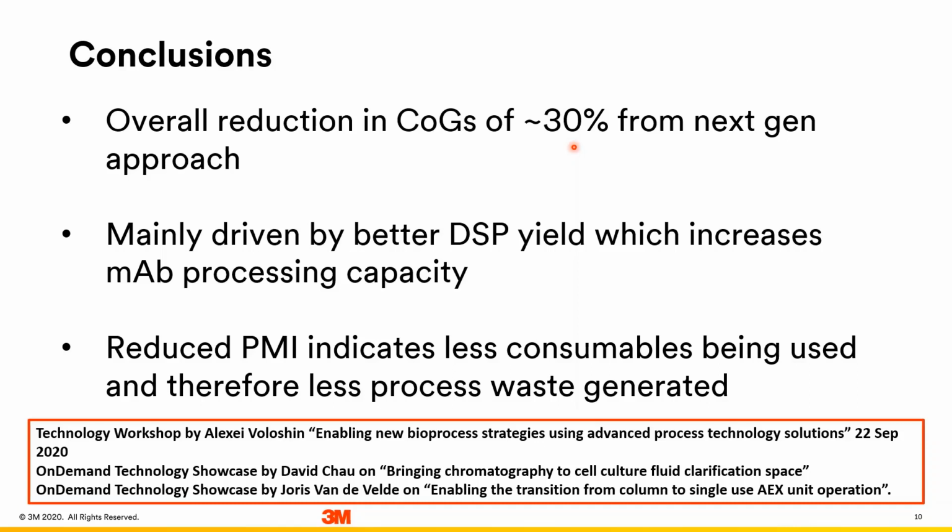This was driven primarily by better DSP yield, which increased the MAB processing capacity of the manufacturing facility, and we also found that there was a reduced PMI, which indicates that there are less consumables, materials, and water being used, and therefore less process waste generated. Again, indicating that the process is more efficient.